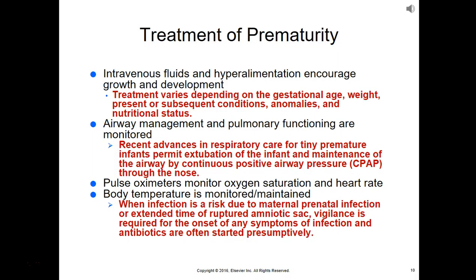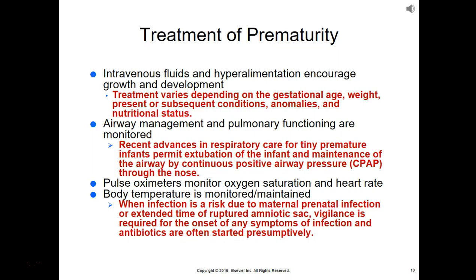When infection is a risk due to maternal prenatal infection or extended time of ruptured amniotic sac, vigilance is required for the onset of any symptoms of infection, and antibiotics are often started presumptively. So basically what happens is if the mom's water breaks way too early and it throws her into premature labor, the longer her water is broken, the more increased the risk for the baby to develop an infection becomes.